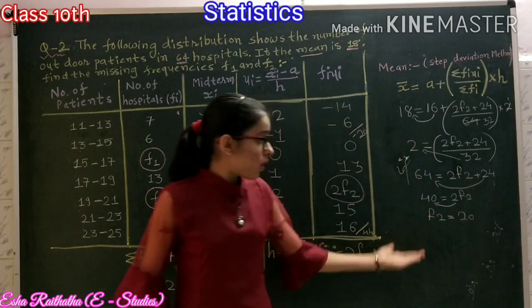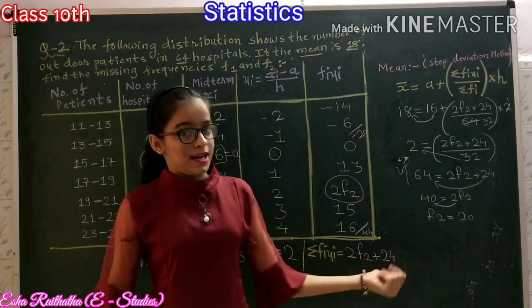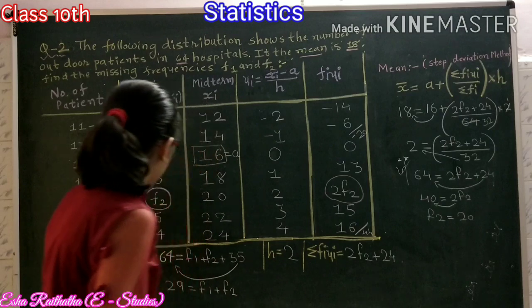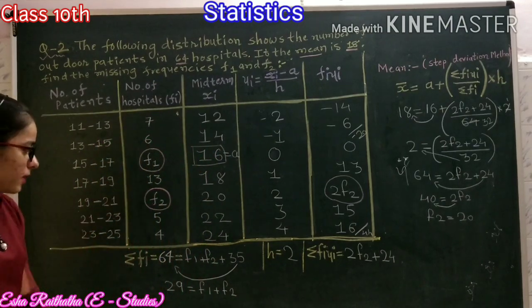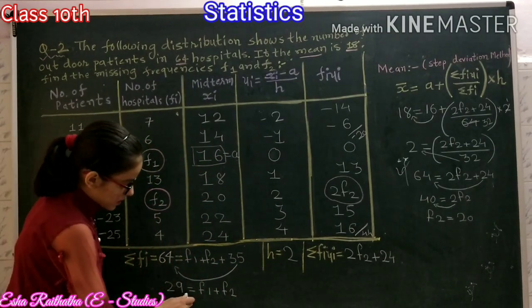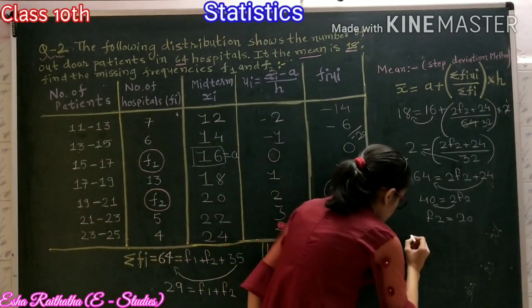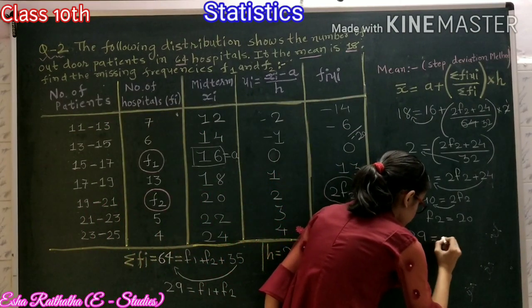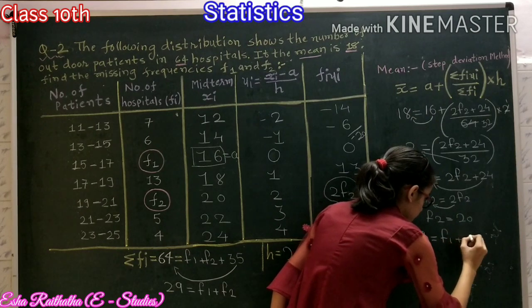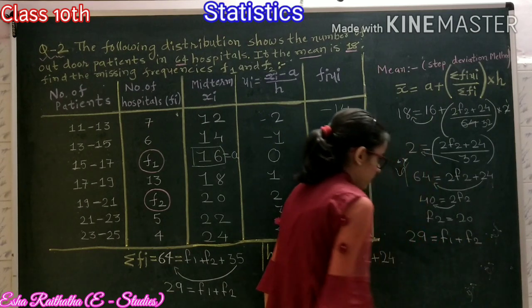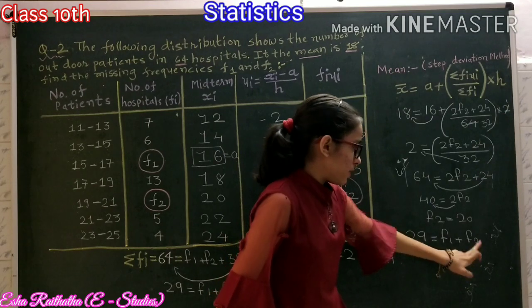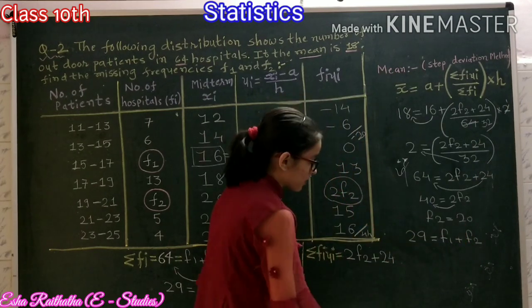Hey guys, we got the value of F2. Amazing, right? Now we will find the value of F1. We know that 29 is equal to F1 plus F2. We put in 20 because we have found F2.